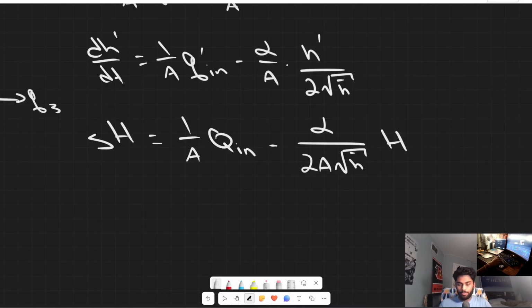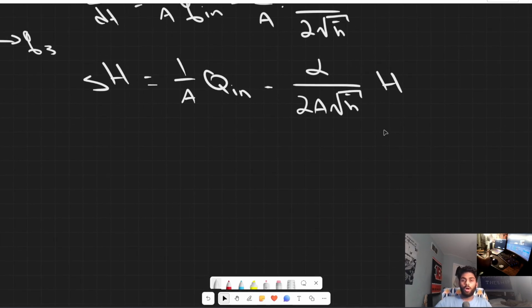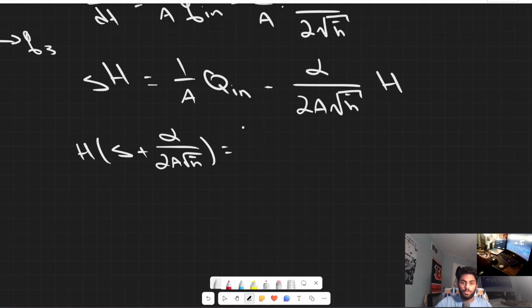The next step is I'm going to want to get this in terms of h. So I'll get this over to this side and pull out the h. That gives us s plus alpha over 2a root h bar, times H, equals 1 over a times Q in.